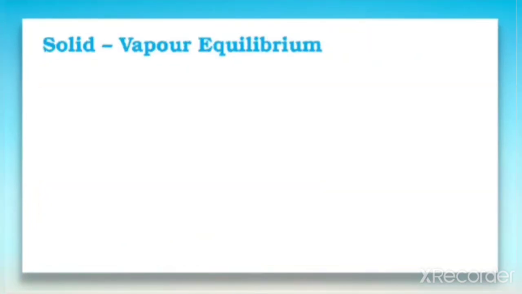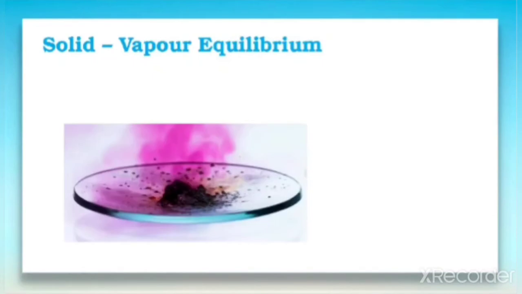Next one, that is solid-vapor equilibrium. Let us consider a system where a solid sublimes to the vapor phase. For example, iodine. Iodine is a solid which can vaporize directly into the vapor state without being converted into the liquid state.